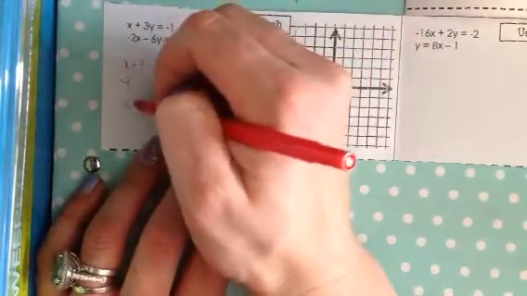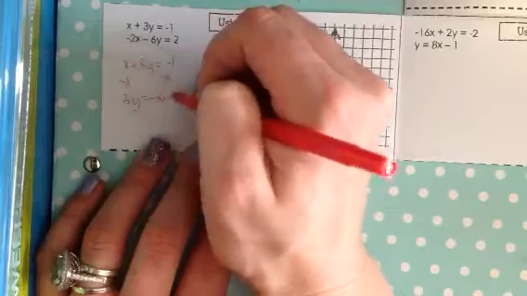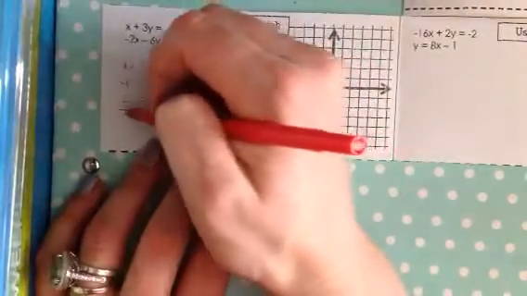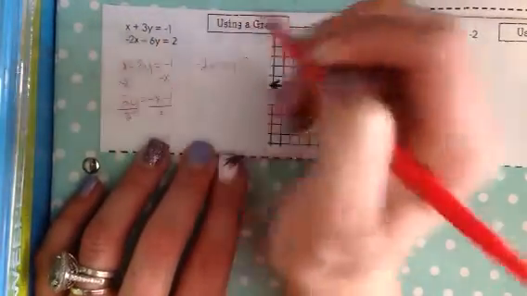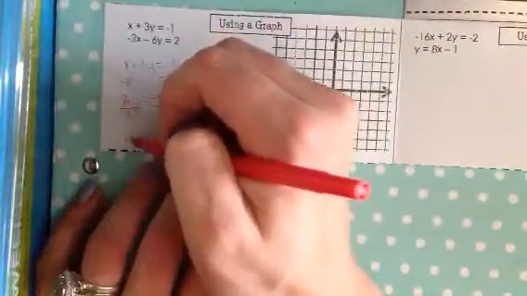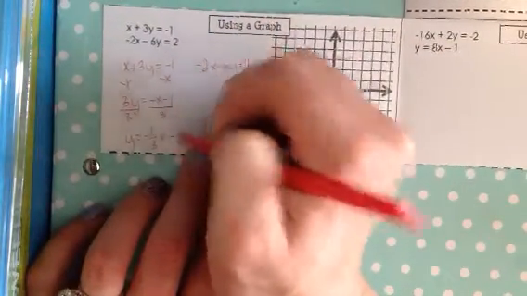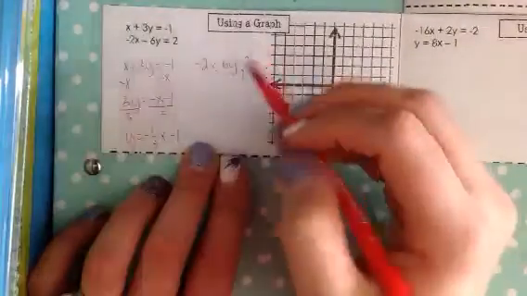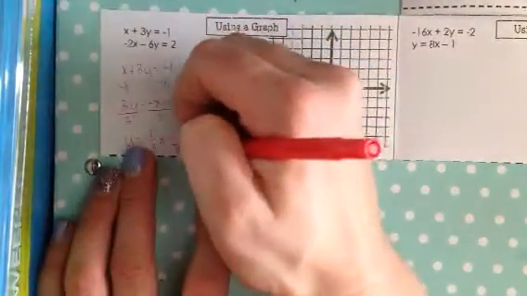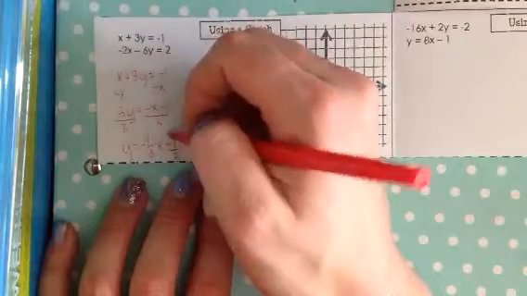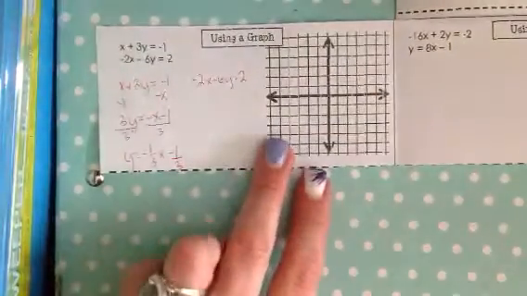I get 3y equals negative x minus 1. Divide both sides by 3. And I get y equals negative 1/3 x minus 1/3. Negative 1 divided by 3 is negative 1/3.